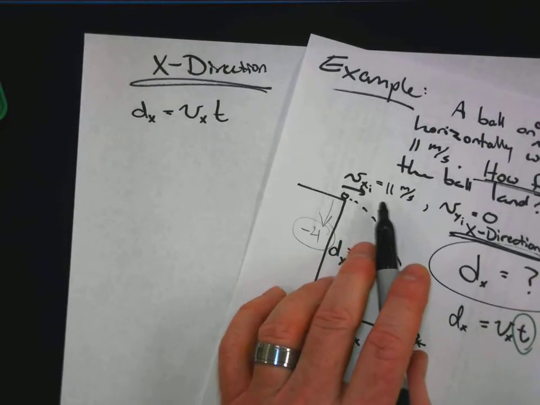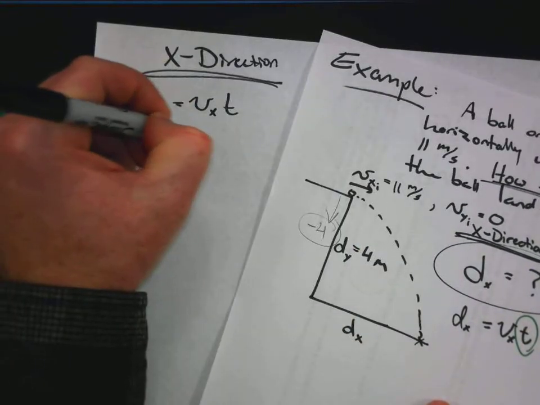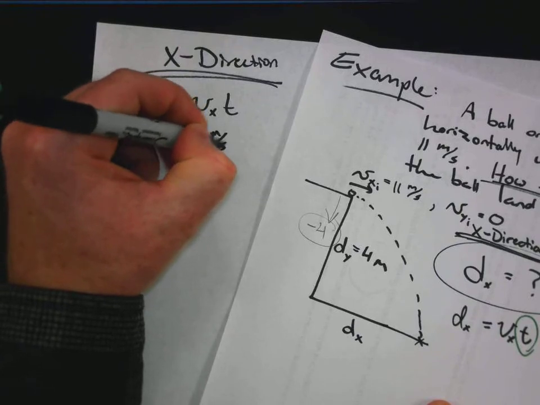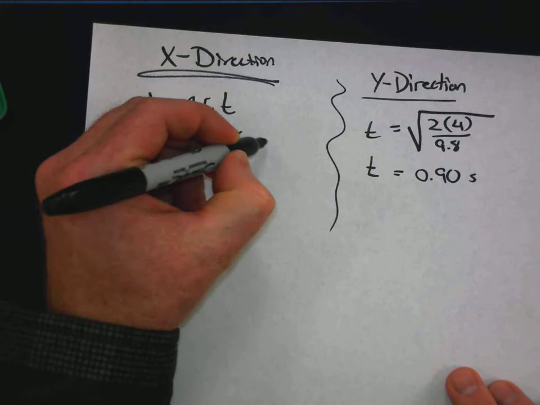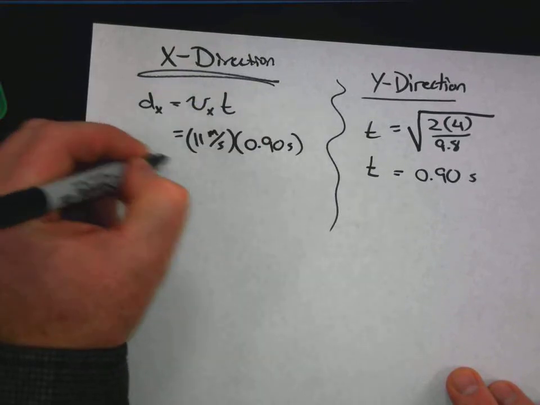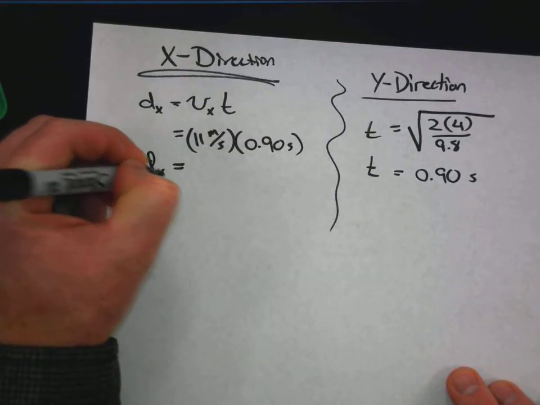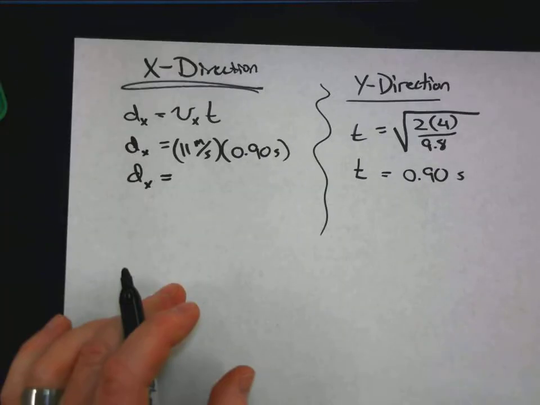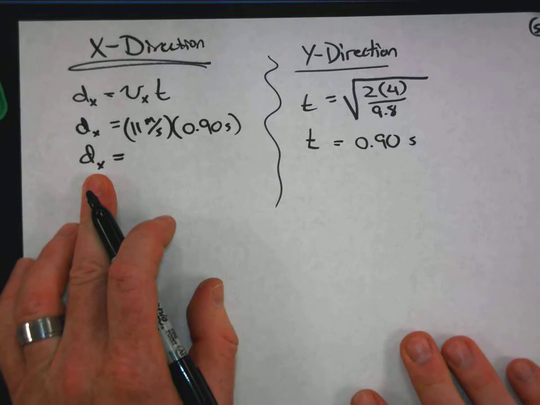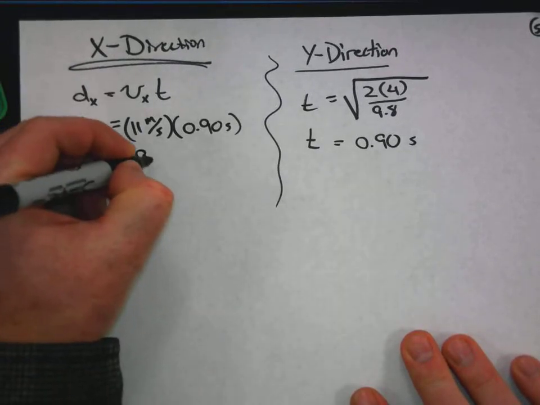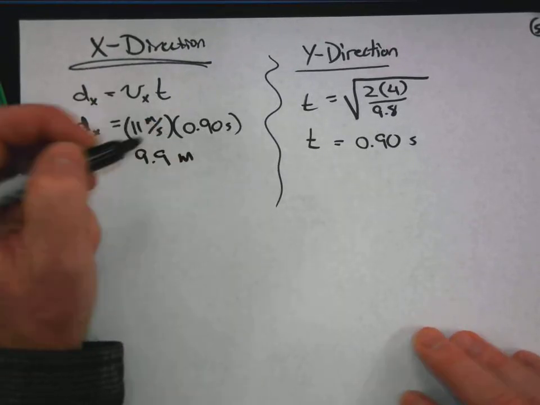So my x velocity was the 11 meters per second. And now I know my time, 0.90 seconds. And so this displacement, or how far from the cliff the ball lands, I just work that out, and I get 9.9 meters. And that is the answer.